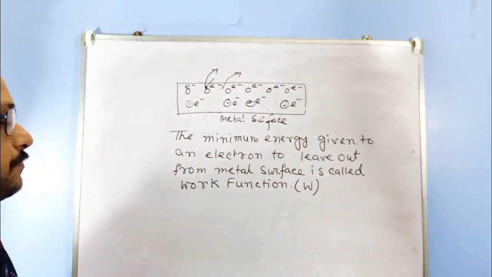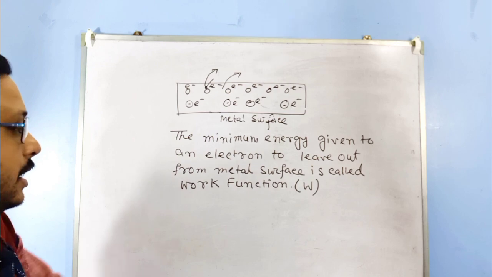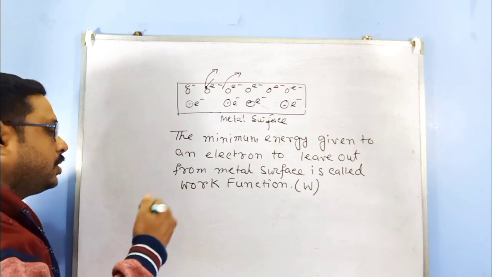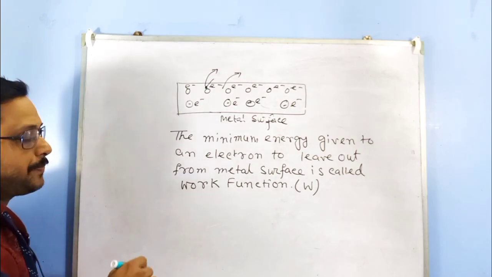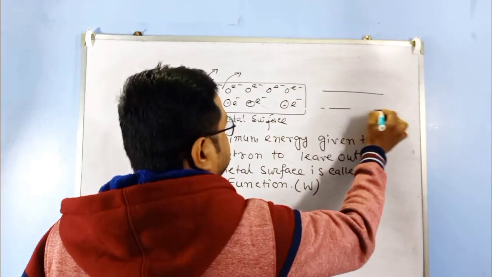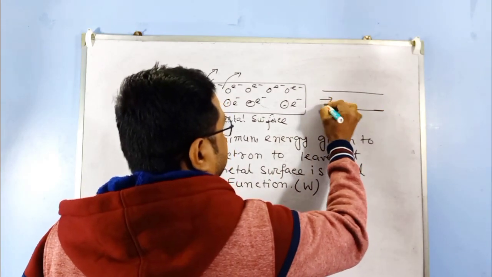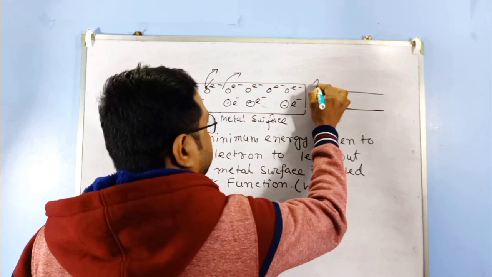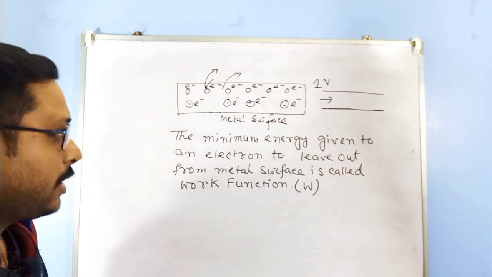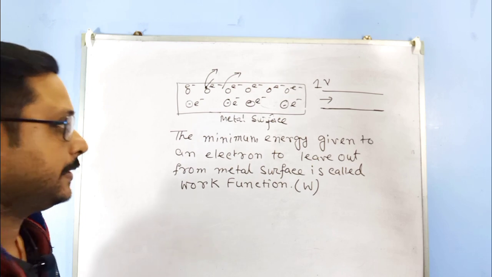So, the unit of work function is eV. What is eV? We know that when an electron goes through a path whose potential is 1 volt, then the kinetic energy acquired by the electron is said to be 1 eV.